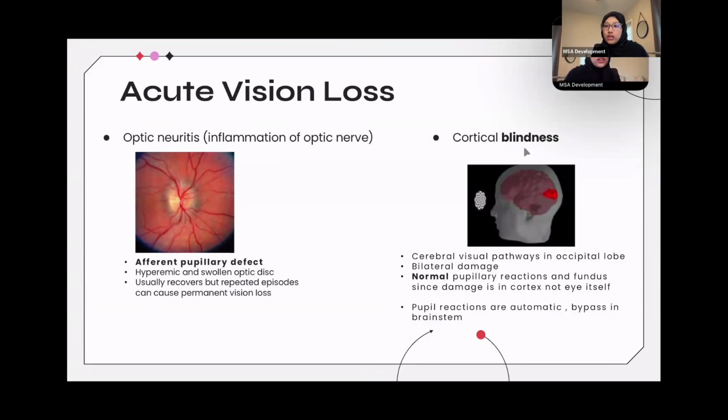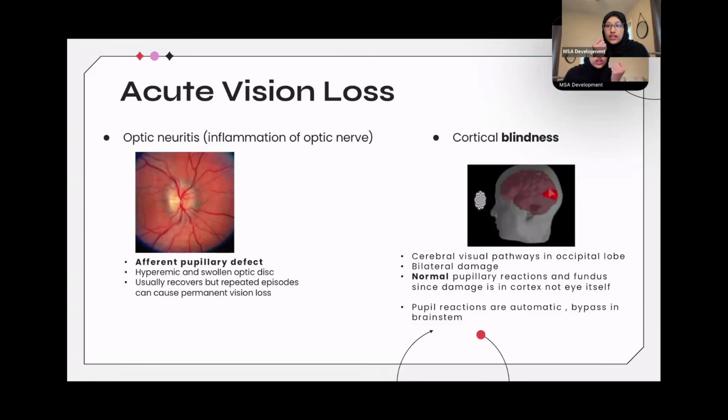What about cortical blindness? From the name, it's vision loss because of damage in the cortex, in the occipital lobe, and it can cause bilateral vision loss in the right and left eye. But the important thing here is that it has a normal pupillary reflex and fundus. Why is that? Because the damage is in the cortex and not the retina itself, not the nerves.